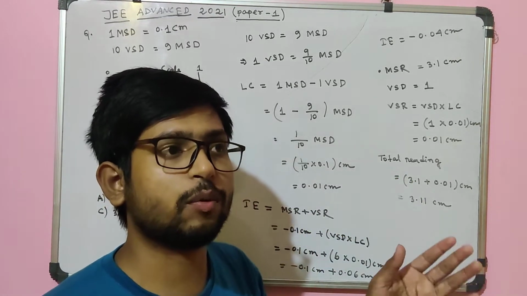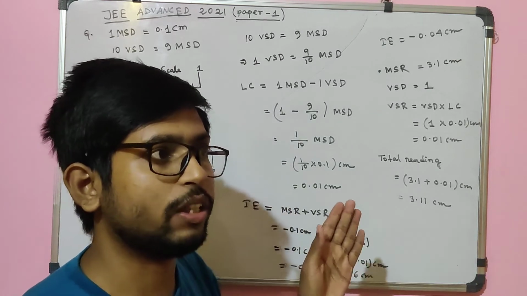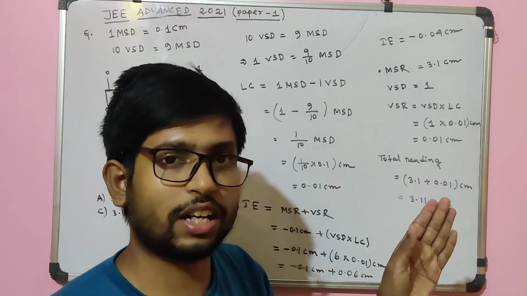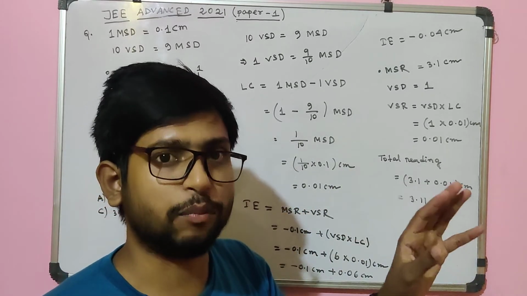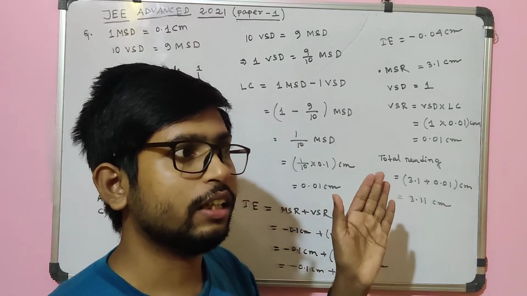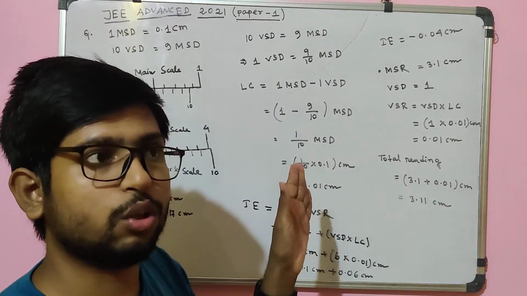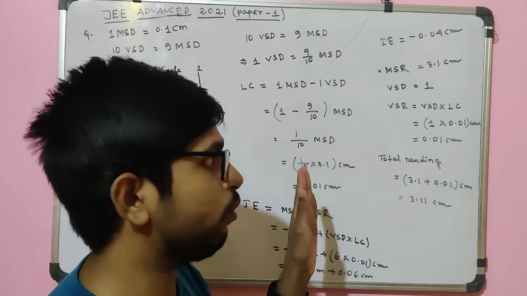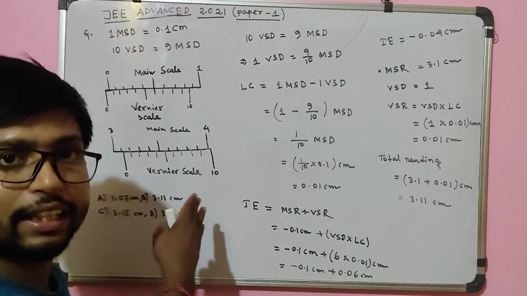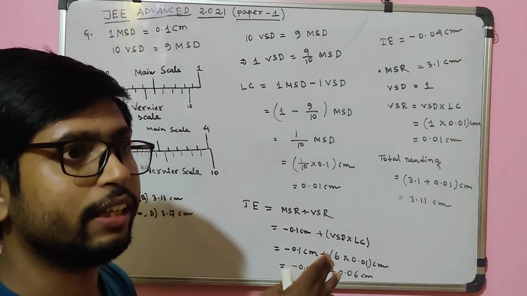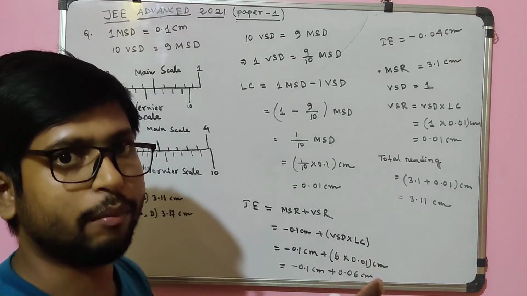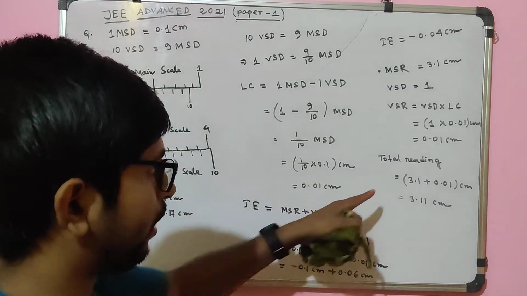And if it was a positive error, it means initially there was an unwanted reading, so we have to subtract it. But since it is a negative error, initially there is a negative value, so this reading is not the exact reading. We have to add that amount to the final reading.